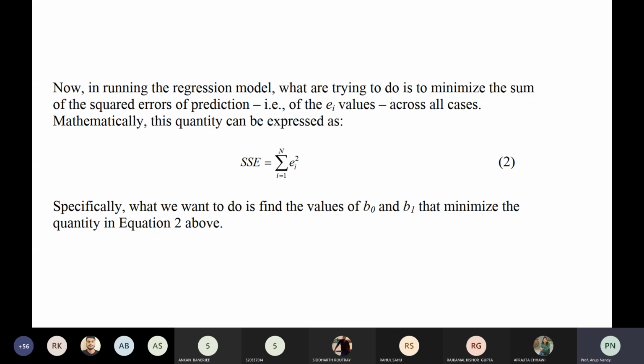But my question is: I told you that you need to estimate B0 and B1, meaning you need to minimize this error, which occurs while predicting y_i for each x_i. So why don't you use the modulus of the sum from i equals 1 to n of e_i?